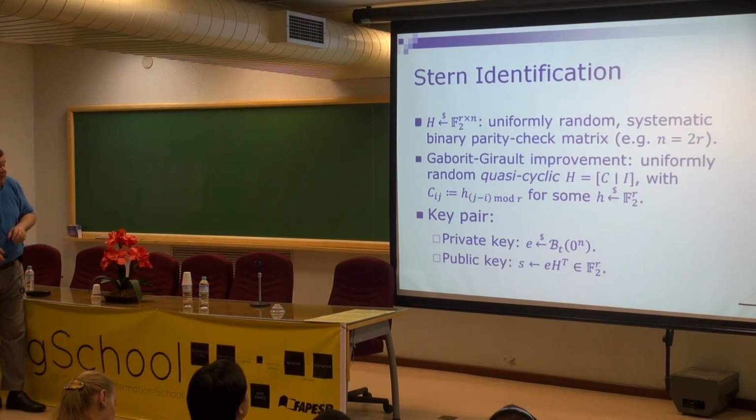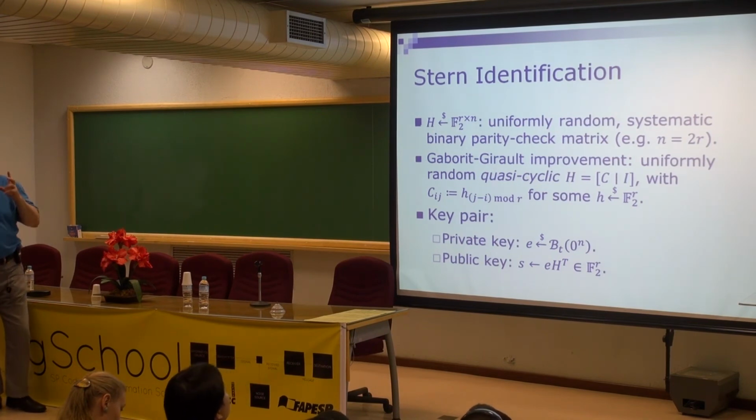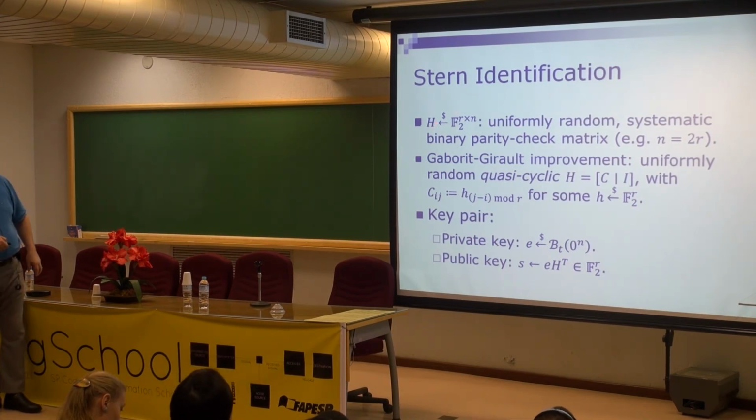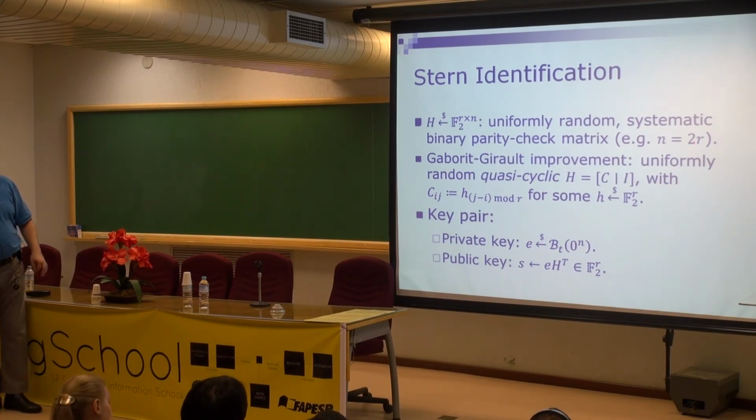So for this, we need a uniformly random, completely random, no trapdoor here, parity check matrix H. Usually the code length is twice the code dimension. It's R by 2R, which is 2 squares, in systematic form, so we have only to store one square matrix.